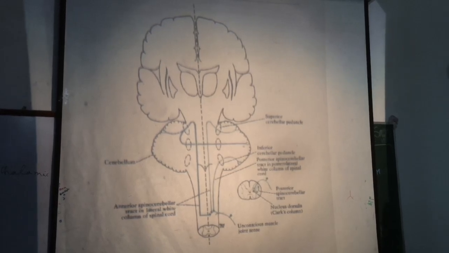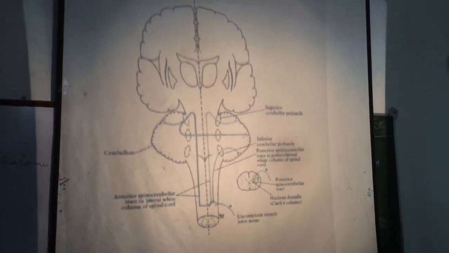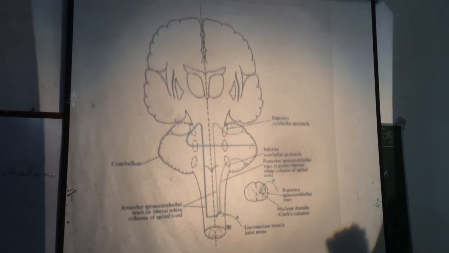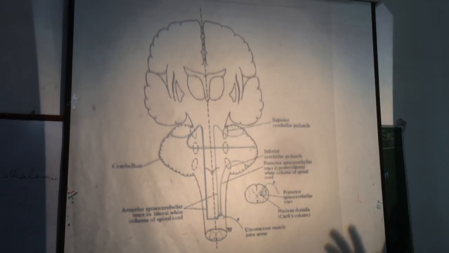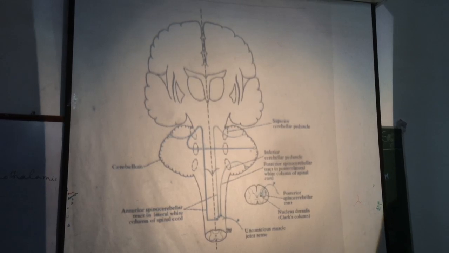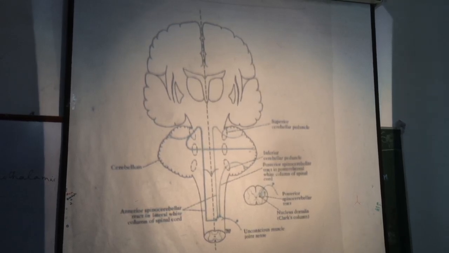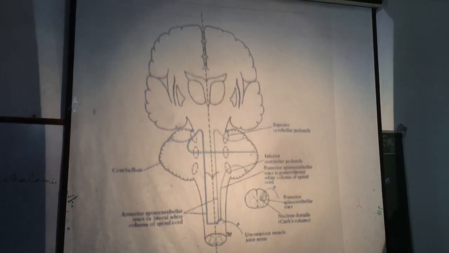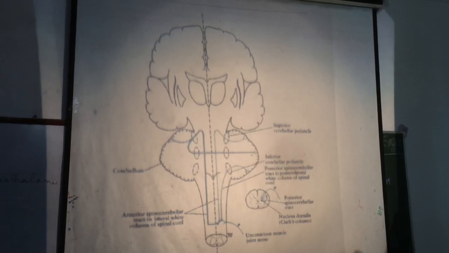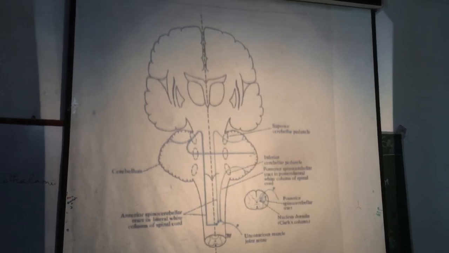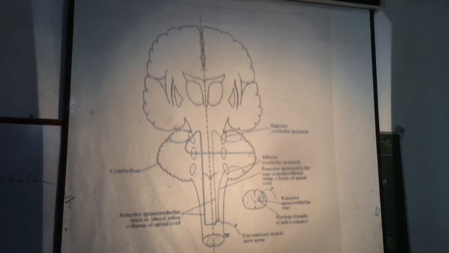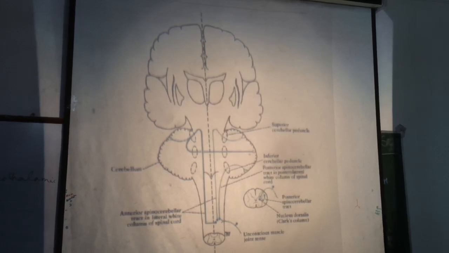Spinocerebellar tracts are composed of myelinated, fast-conducting nerve fibers. The velocity of conduction along these fibers may be 120 meters per second.